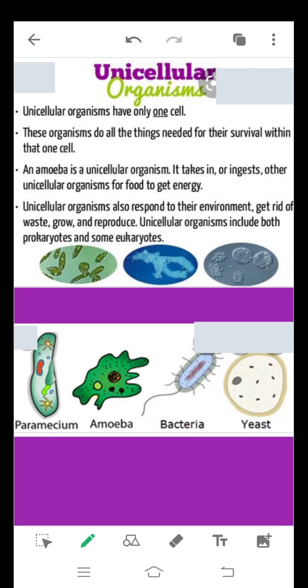Unicellular organisms also respond to their environment, get rid of waste, grow, and reproduce. They include both prokaryotes and eukaryotes. We will study further what is the meaning of prokaryote and eukaryote in detail in the next part of the chapter. Some examples of unicellular organisms are paramecium, amoeba, bacteria, yeast.